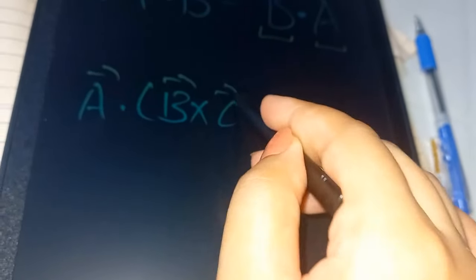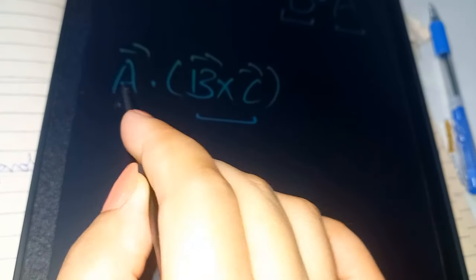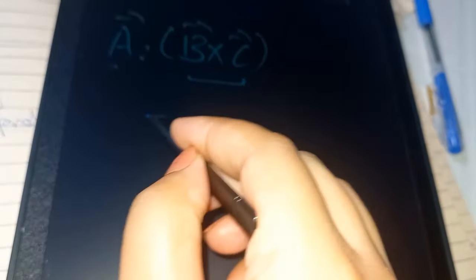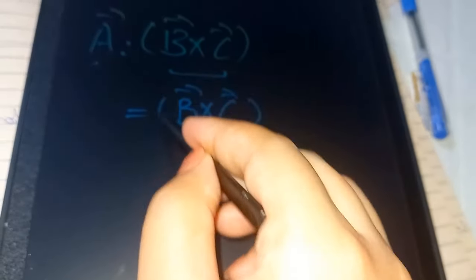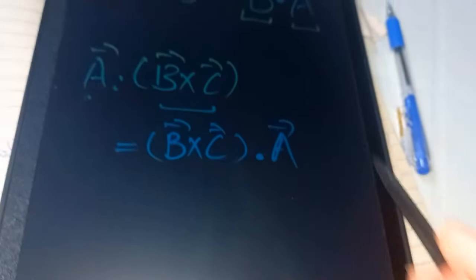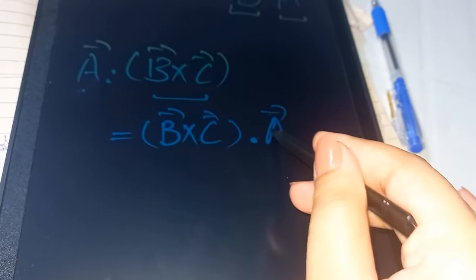For example, if I had this form a dot b cross c, that what can happen is I can shift the position of b cross c and a between dot. It results into b cross c first, then dot comes, then a. Okay, I have just changed the order of the vectors.